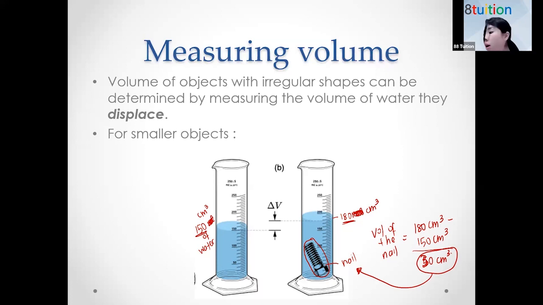Everybody, the nail caused the water to rise 30 cm cube, which means the nail is 30 cm cube. Wen-Xing, do you understand? Cheslin, are you paying attention? Do you understand what I'm talking about?